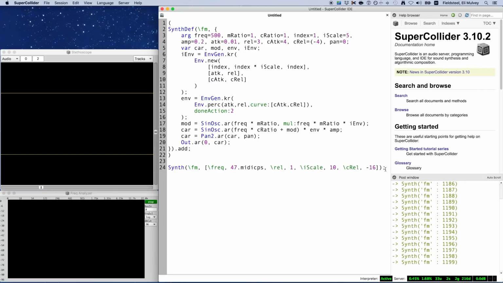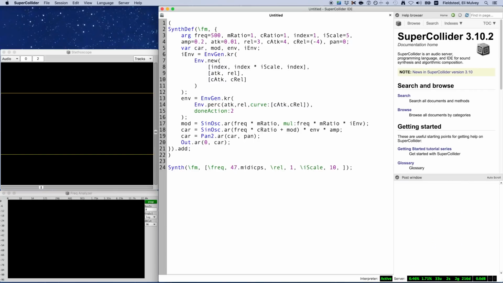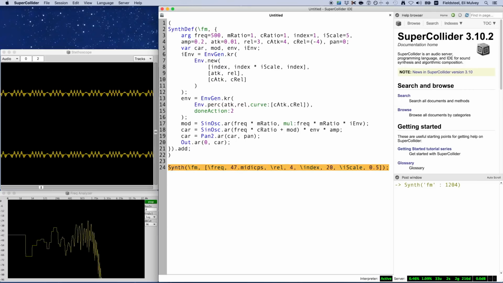We can make the index envelope go in the opposite direction too. To do that, we just start with a higher base index and scale it by a value between 0 and 1.